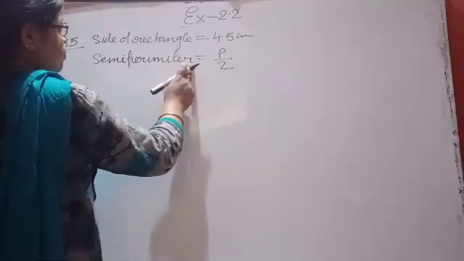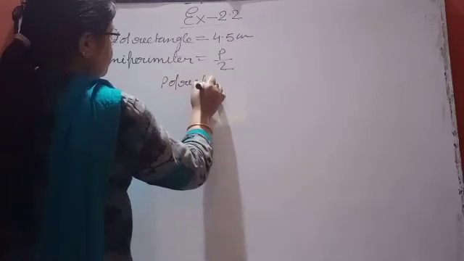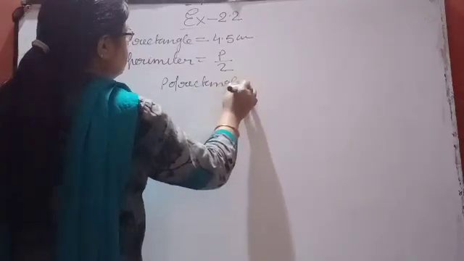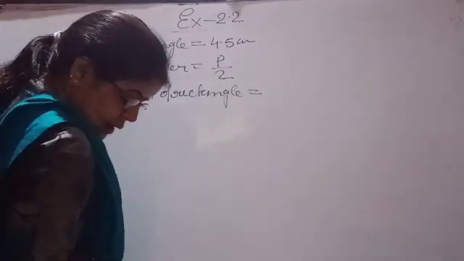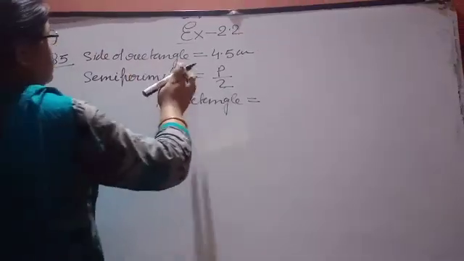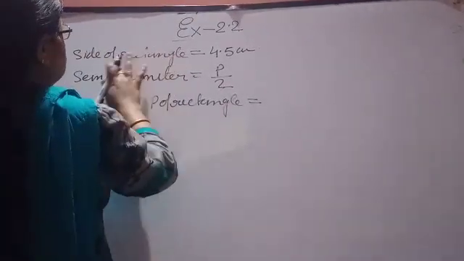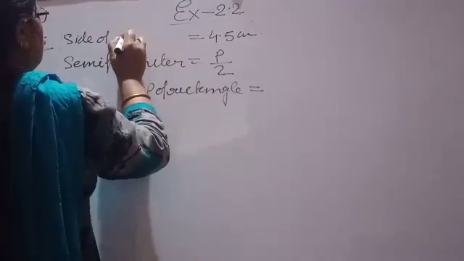Everybody of you knows the perimeter formula. Perimeter of rectangle is equal to the side of rectangle. Oh, not rectangle, it is a triangle. Side of triangle.